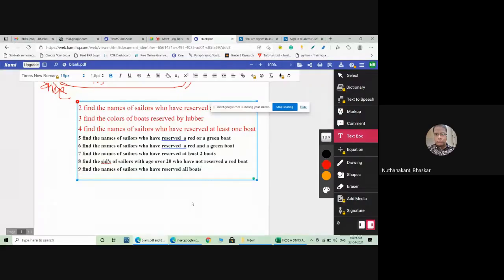Some of the sailors can reserve all the boats. Such type of sailors you have to display, who have reserved all the boats. I think 3 to 4 boats are there. Who have reserved all the boats you have to display. Clear? Are you clear?